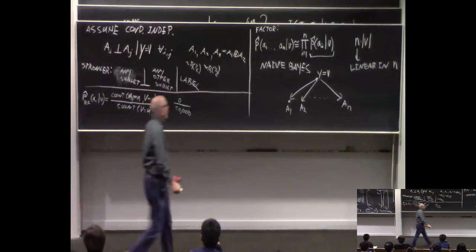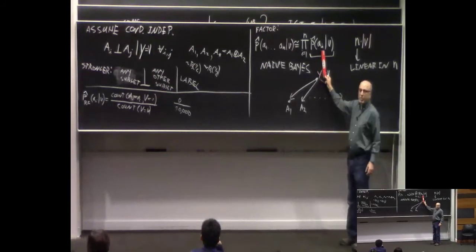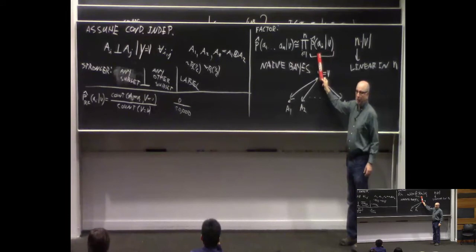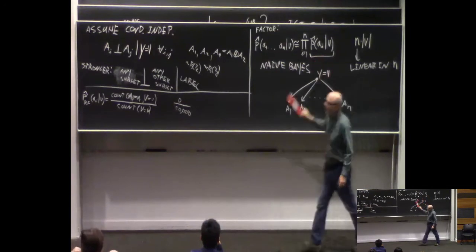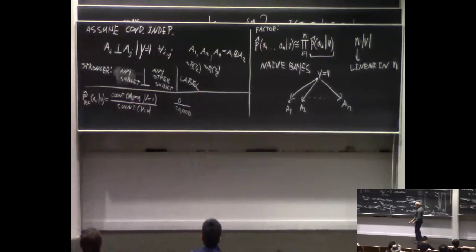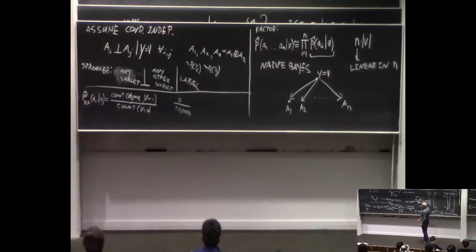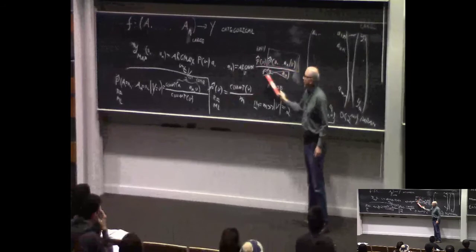But we rely very strongly on these estimates. So if even one of them is 0, this is a product. The entire product would be 0. And if this entire product is 0, then this whole thing is 0.